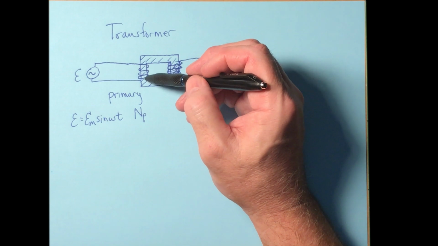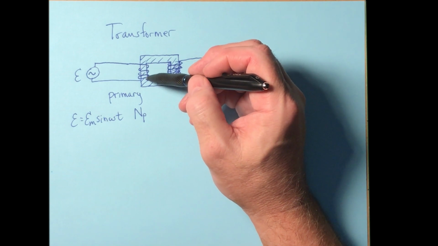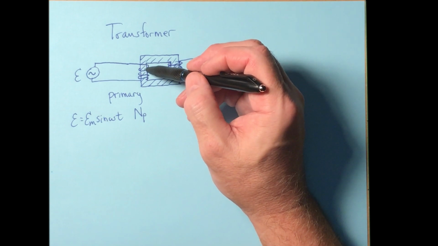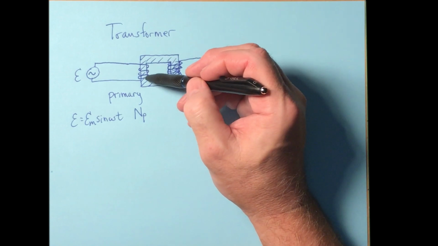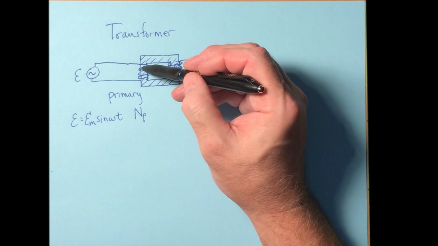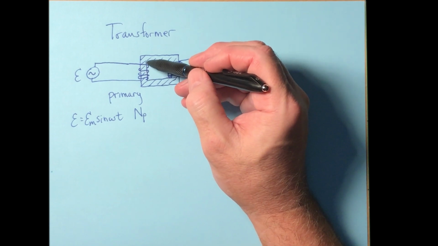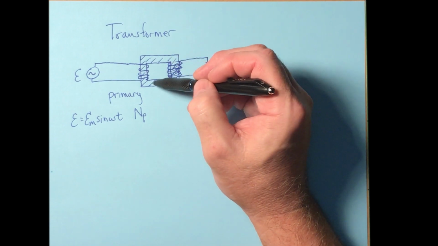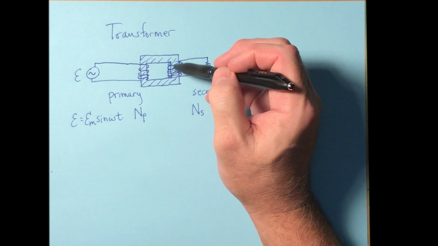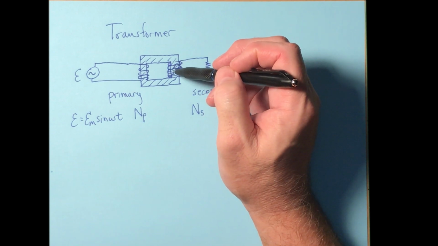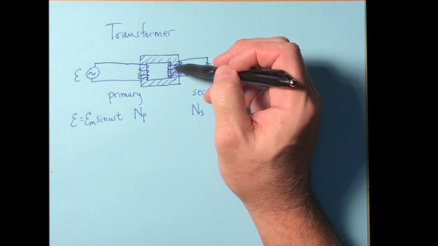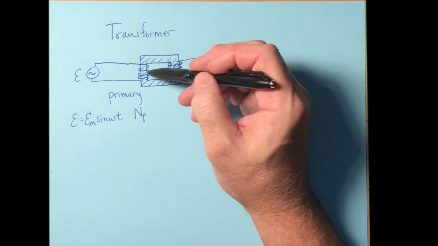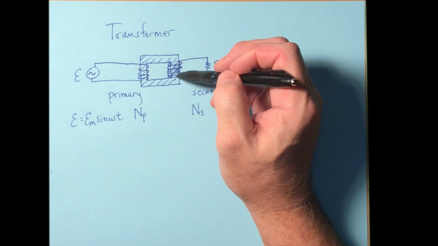Well, because it's connected to this iron core, and iron is magnetic, any magnetic field set up over here is instantly, at the speed of magnetism, which would be effectively instantaneous, going to change the magnetic flux at the same rate over here. So as quickly as it changes here, it changes the same over here.